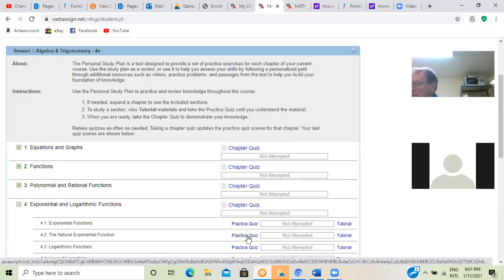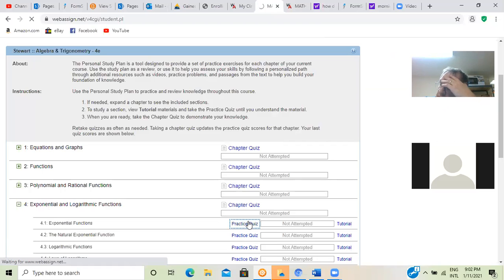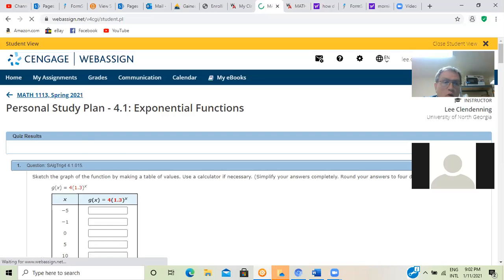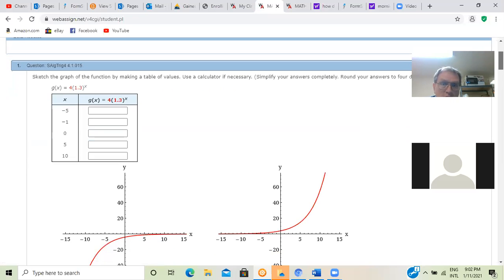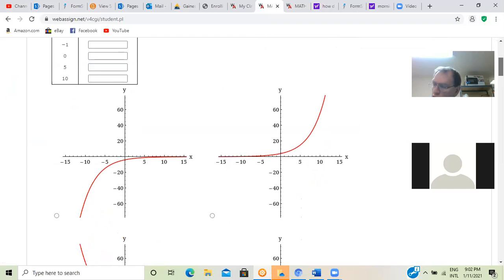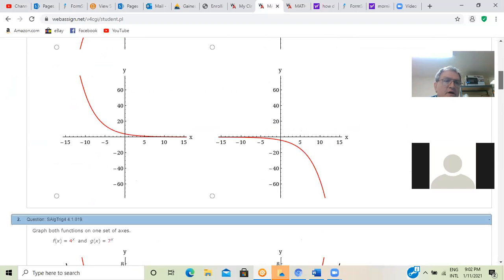I don't have my camera up right now, so you're not going to see it, but I emailed out this assignment, and in 4.1, you were supposed to work problems 1, 2, 3, 4, 5, and 8. I hit the practice quiz. It's the first 5: 1, 2, 3, 4, and 5.